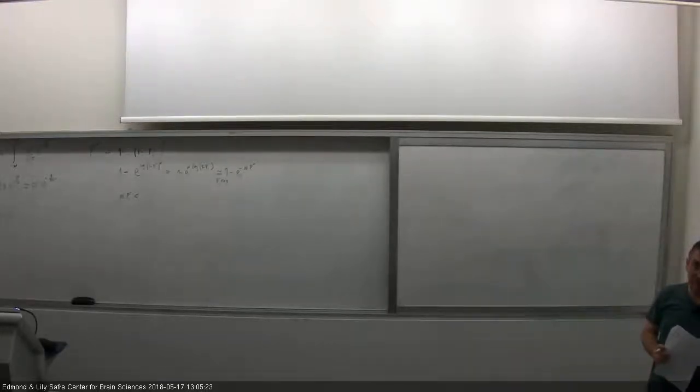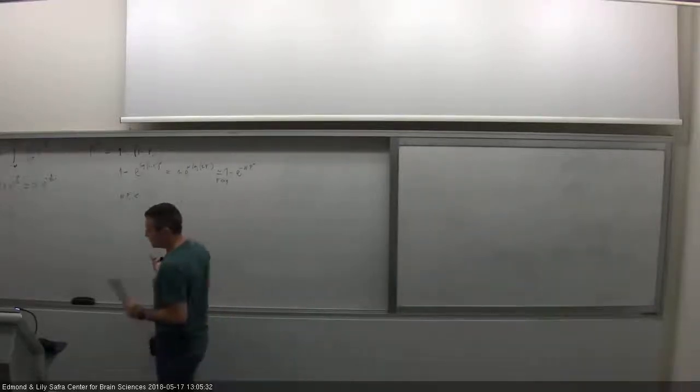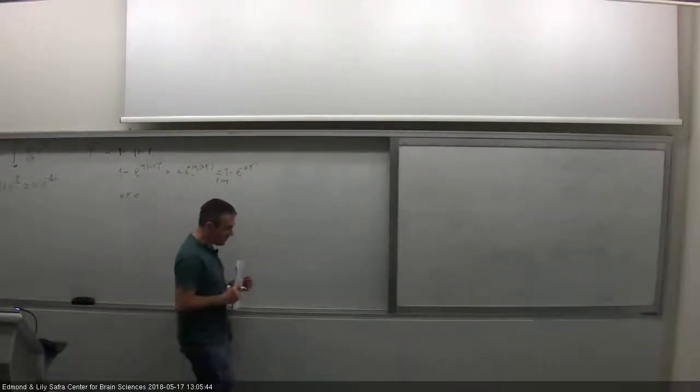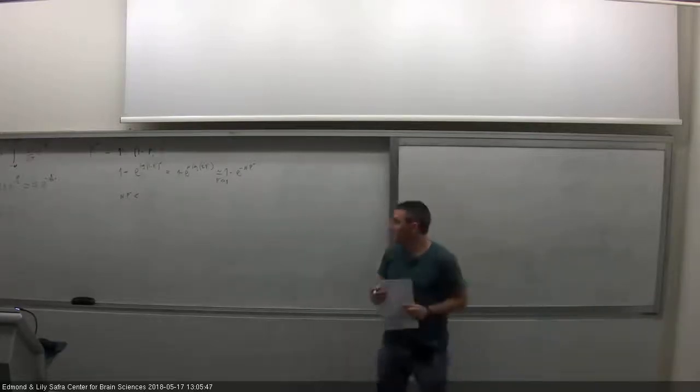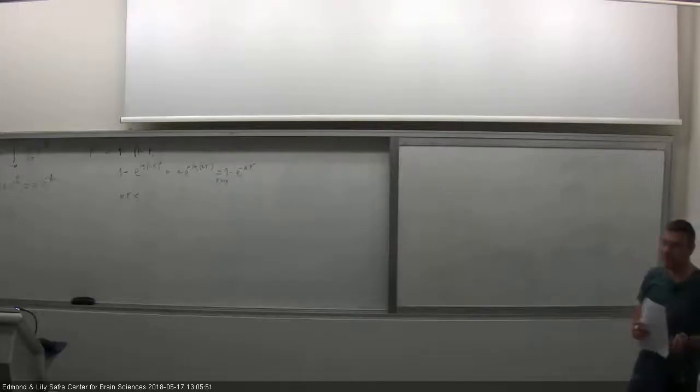Well, it depends on how tolerant we are to mistakes. But we can compute it. We can ask the question: what's the maximum number of memory patterns such that the probability of a mistake in any neuron will be smaller than, let's say, 5%, or 1%, or 0.5%, or 0.1%.